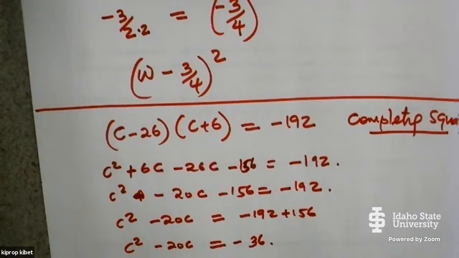Then we use the square root property. If you get something like this equals minus 36, you remember us using the square root property to get the values here.